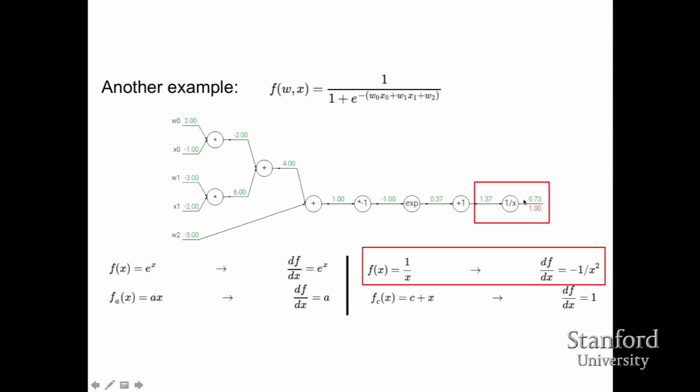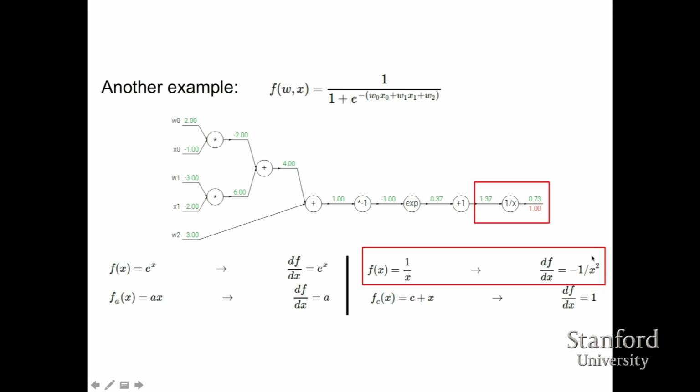So let's start at the final value. The forward propagation numbers here are in green at the top. The final value of this was 0.73. And again, the first delta, the derivative of just the function with itself, is just 1. And now we hit this node in the circuit, and we want to compute the derivative of this function.